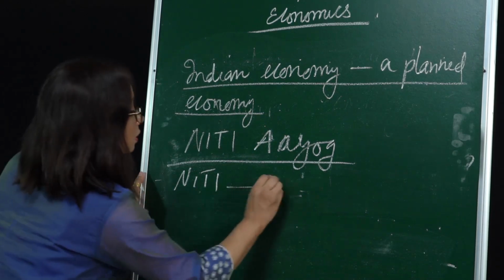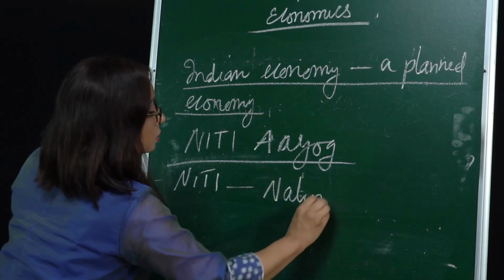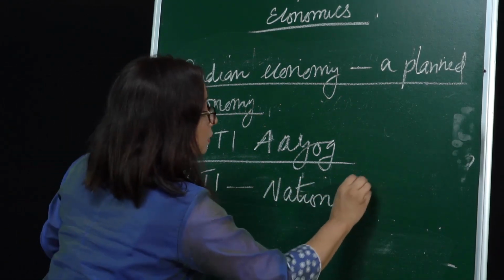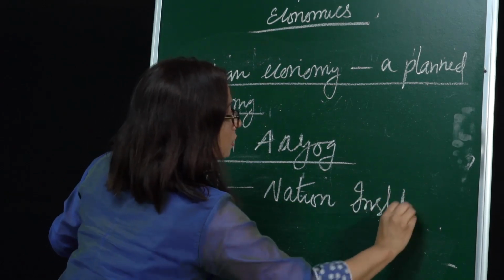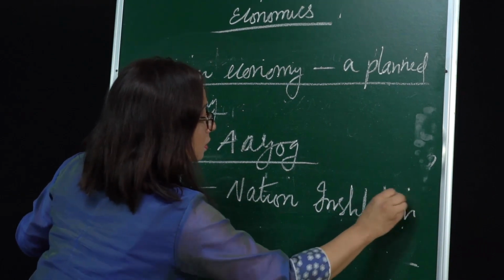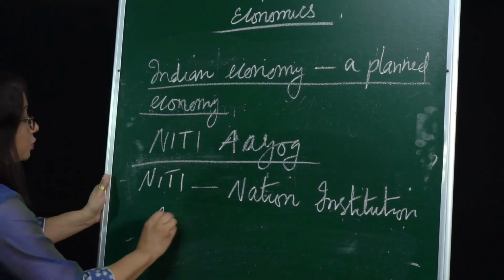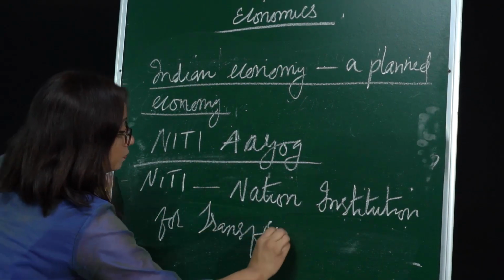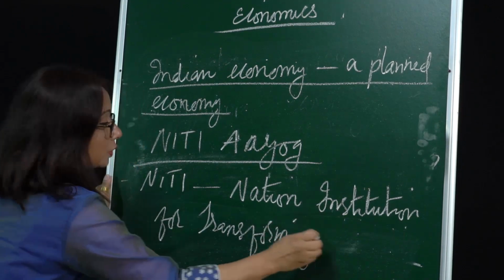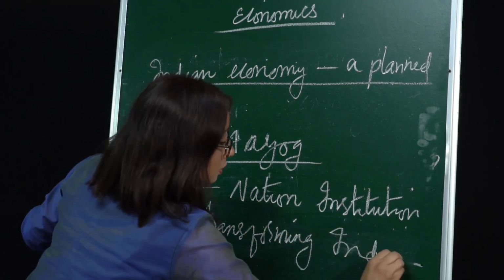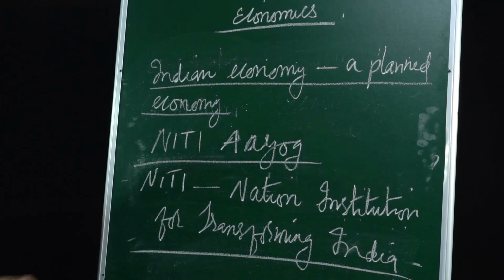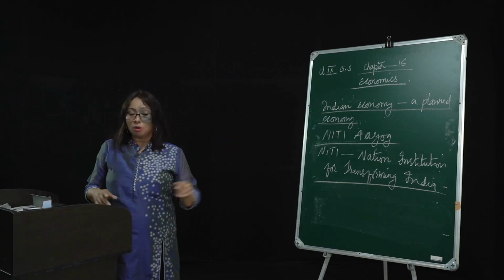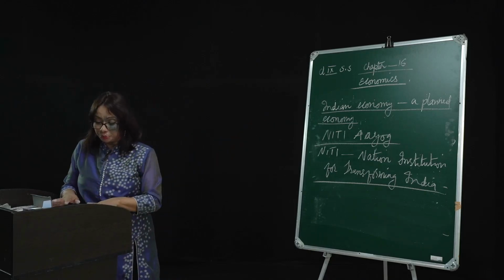Neeti means National Institution for Transforming India. This is the Central Planning Authority, and this Central Planning Authority plans for the development of the country. So Indian economy, a planned economy.